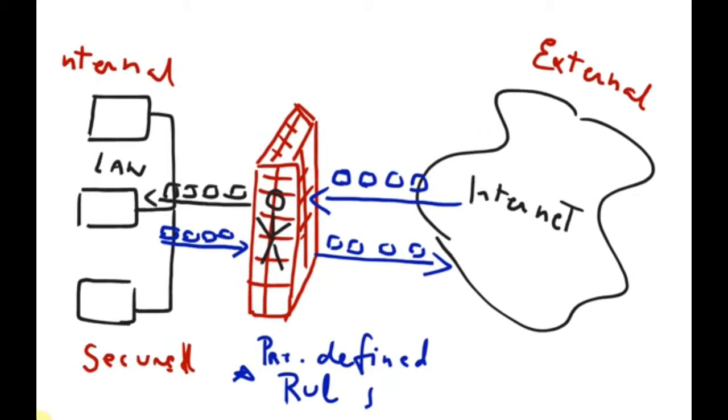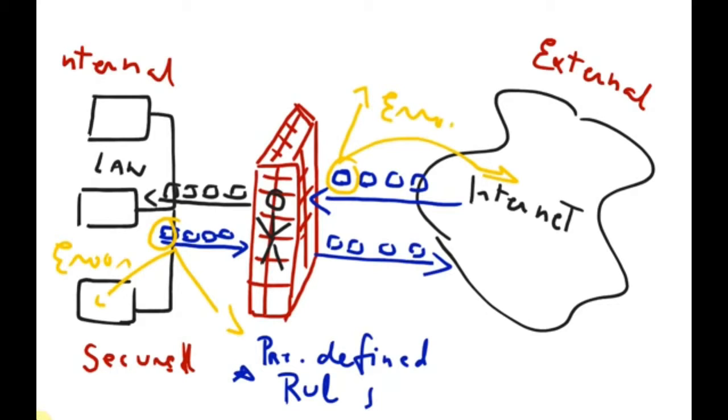But if they don't, then the firewall would silently drop that packet and send an error report to the sending PC. And that is also the case for traffic coming in from the internet. The firewall checks if that packet is okay. If it's not, then it drops that packet and sends the error report to the sending PC.